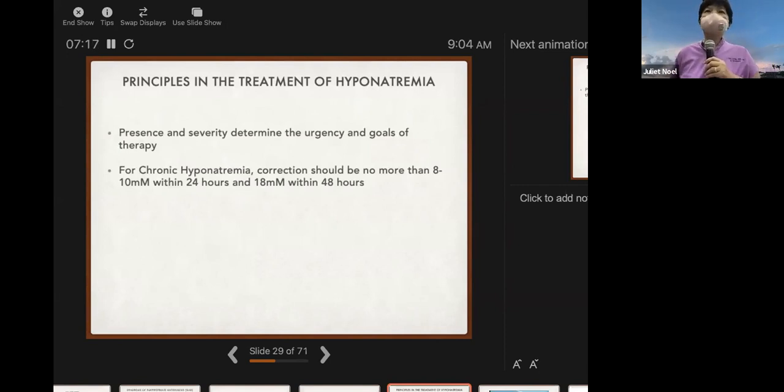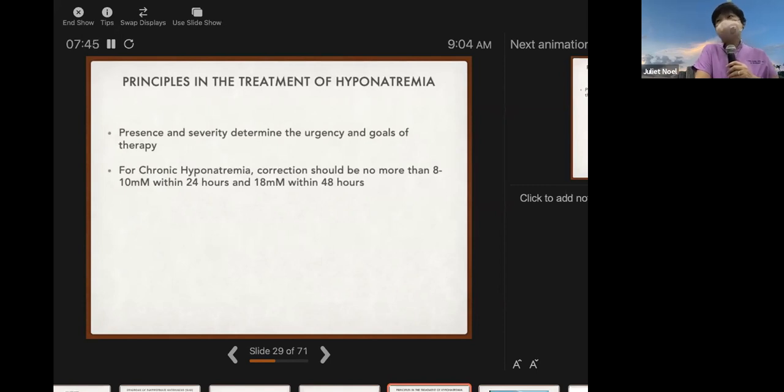The problem with correction of sodium is that each patient is different and unpredictable, even if you compute. So that's why you have to closely monitor the sodium. Sometimes we need to get it every 4 hours. And unfortunately, it costs a lot, because the sodium test itself would range between 700 to 900 pesos in the laboratory.